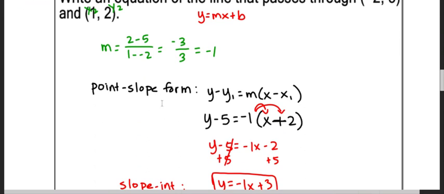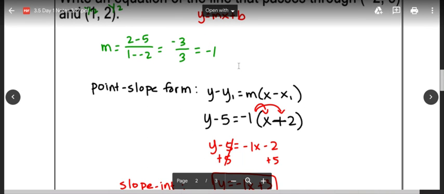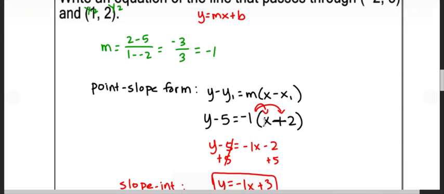Now we need to use point-slope form to eventually get it to slope-intercept form. So remember, our point-slope form is y minus y1 equals m times x minus x1. So we can plug in what we know.